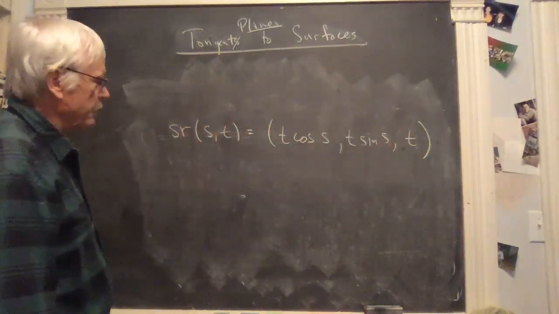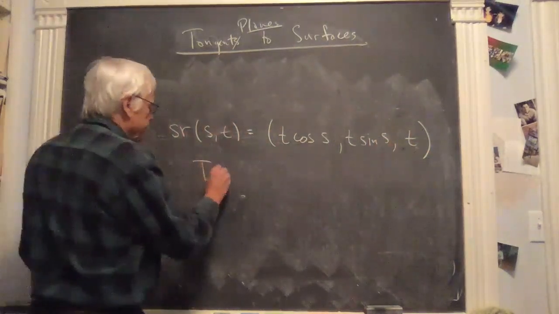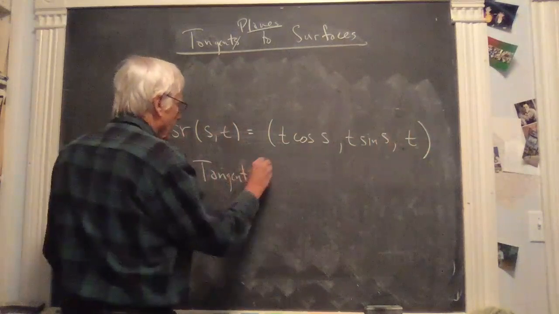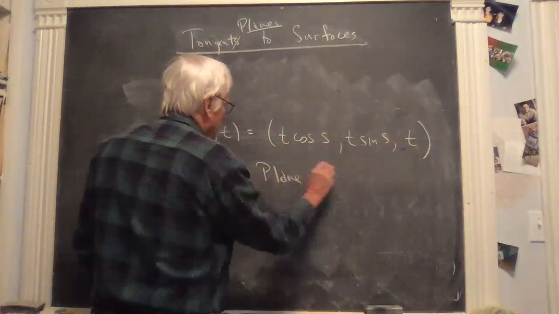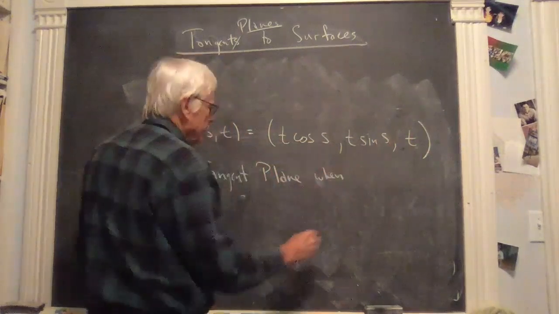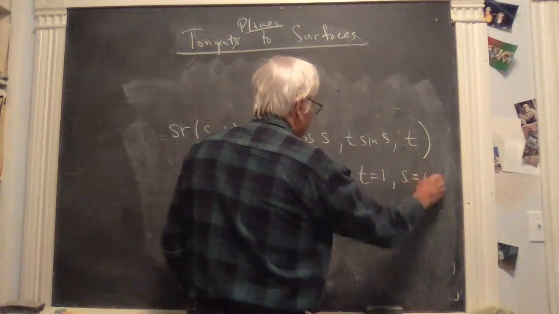It's a complicated surface. And let's find the tangent plane when T equals 1 and S equals 0.